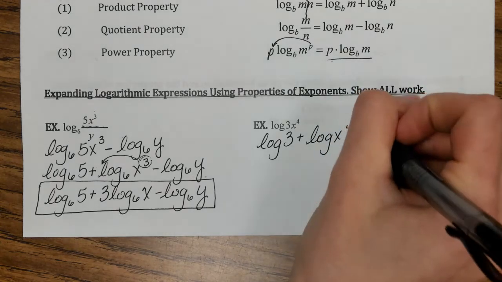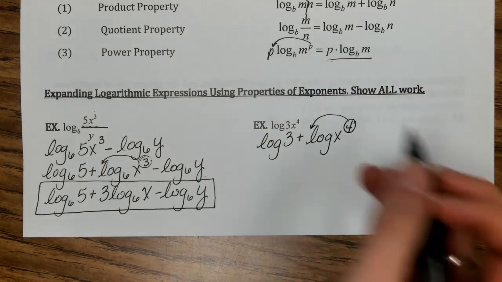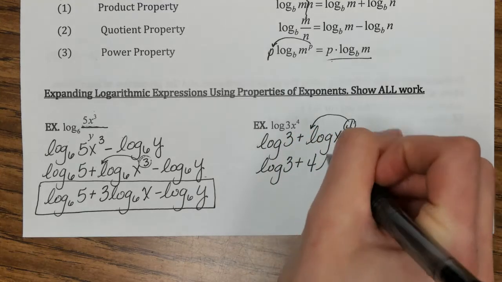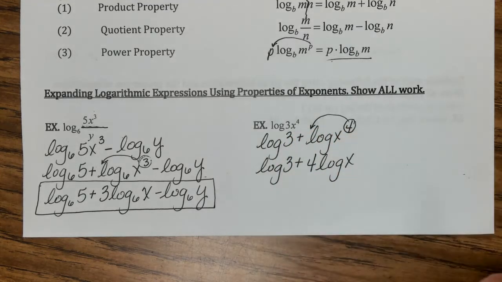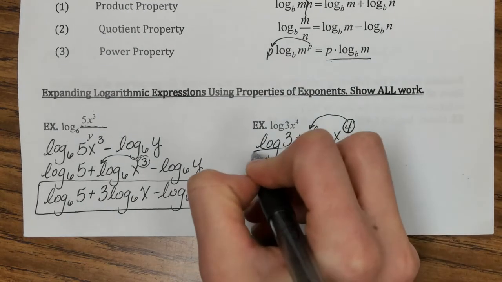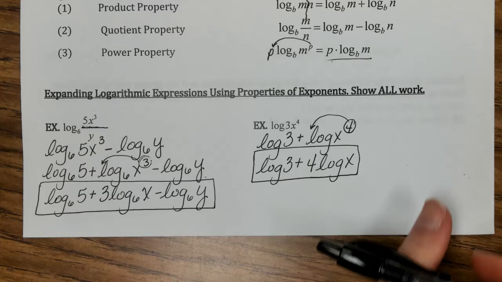So then I need to take care of that exponent. This exponent 4 needs to come directly in front of that log x. So I would have log 3 plus 4 times my log x. I wouldn't be able to do anything else, so that would be my answer. Okay, y'all good with that?